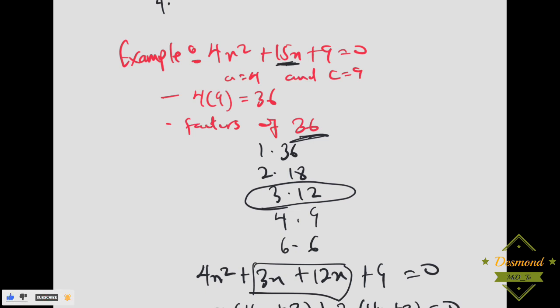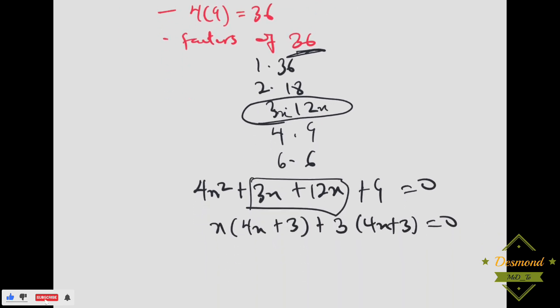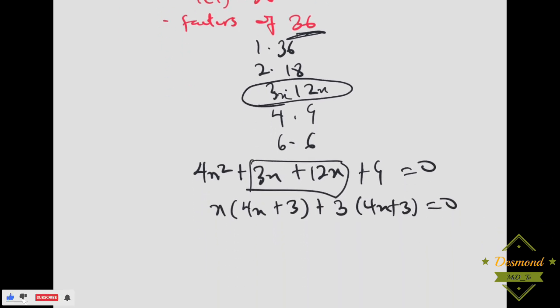So we replace the 15x with 3 and 12, with the x attached to each of the numbers, which is 3x and 12x. And we are going to factor out. So factoring out, we have x coming out with 4x plus 3, plus factoring the last two, we have 3 out. Then we have 4x plus 3 equal to 0.